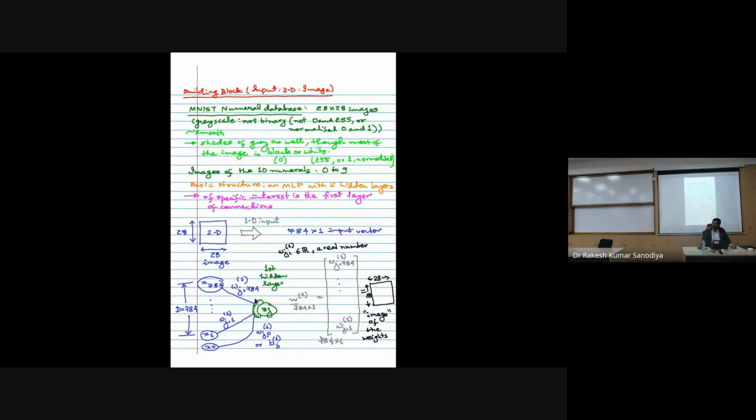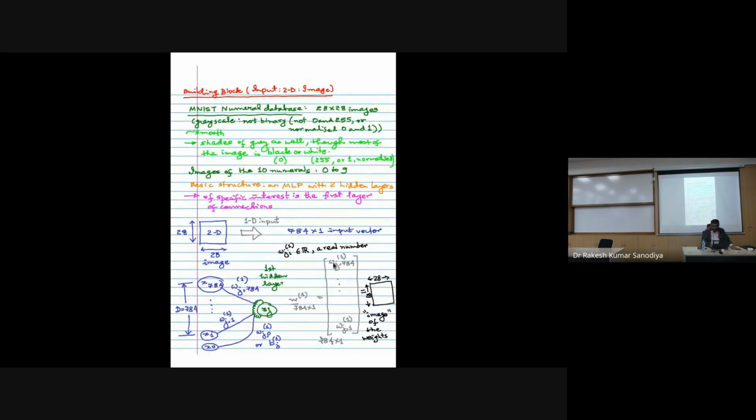These feed onto one hidden layer. At the moment, let's assume just one hidden layer. If I take all my weights of the neural network and stack them up, how many weights am I going to have? It's going to be a 784 cross 1 vector. Now, let's say I train my neural network for these digits using one hidden layer, and the weights which I have learned, suppose I normalize them and put them into a 28 cross 28 matrix.